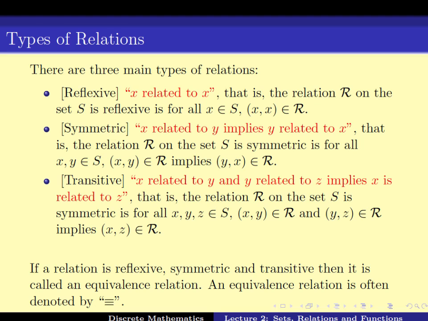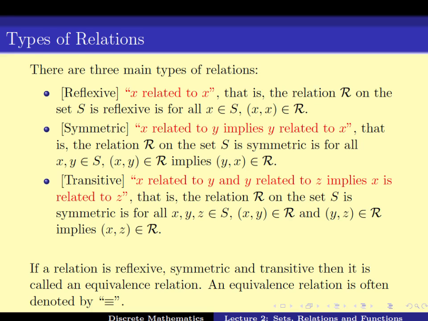The third is the transitive relation, where if x comma y is in R and y comma z is in R, then this implies that x comma z is also in R. So if x is related to y and y is related to z, then x is also related to z.